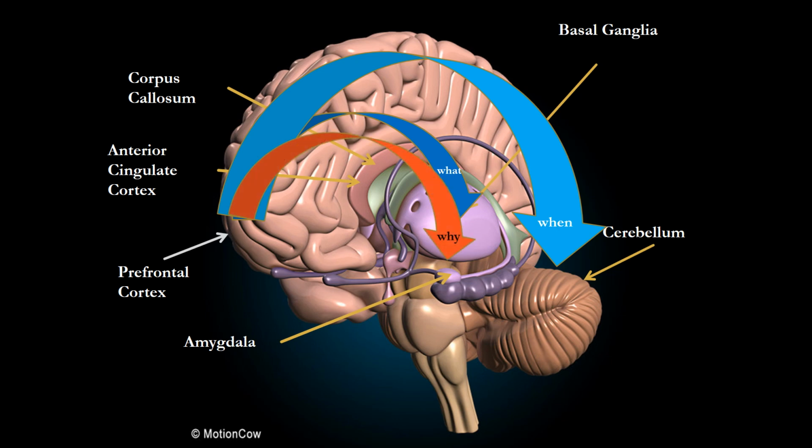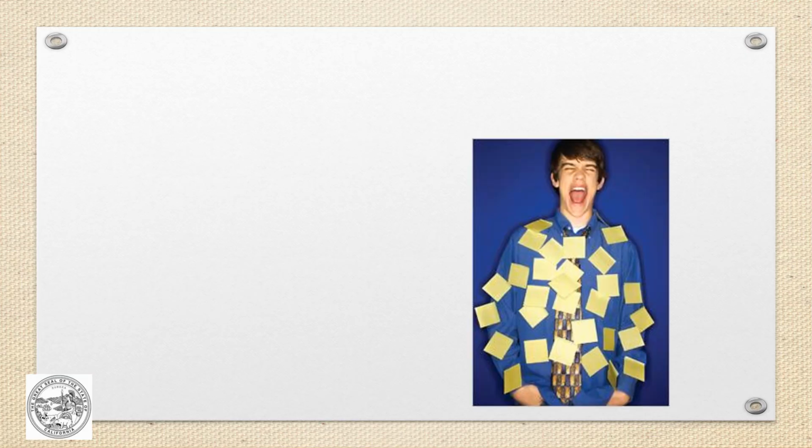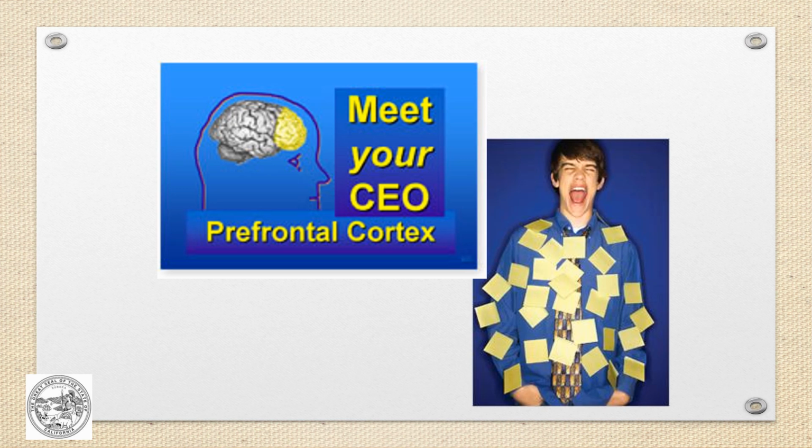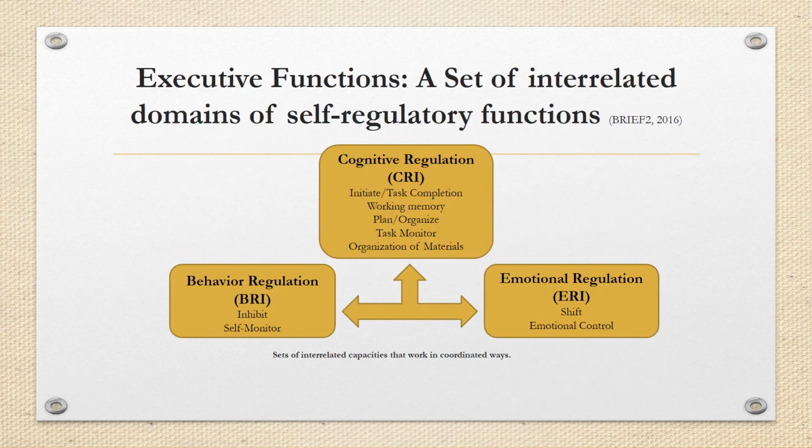And finally, we have the why network, which involves the limbic system and in particular the amygdala. As I mentioned before, the part of the brain that governs all of these systems is the prefrontal cortex, which we can compare to the CEO of the brain.